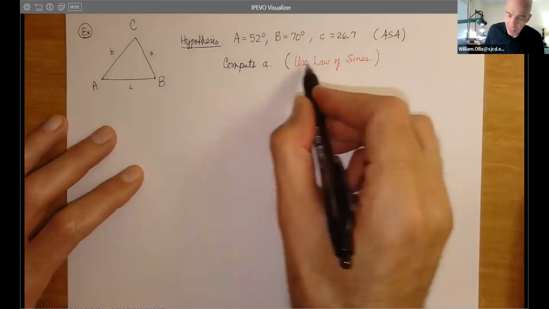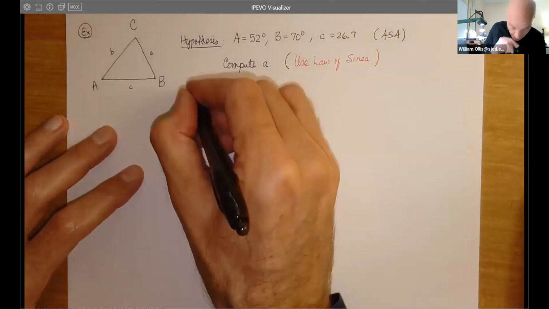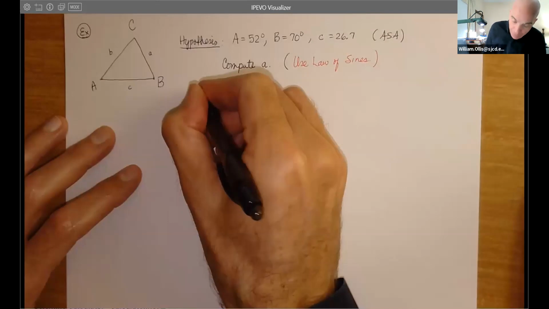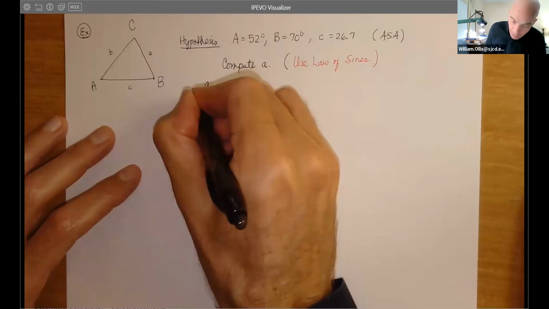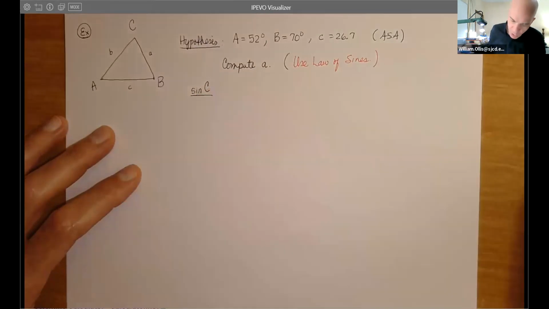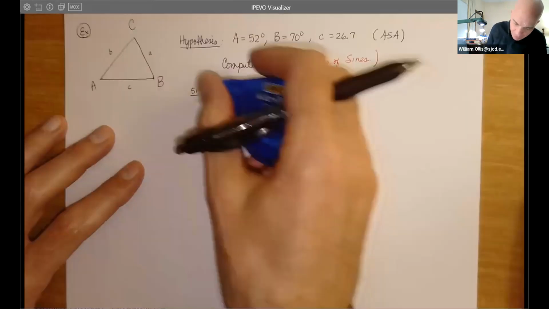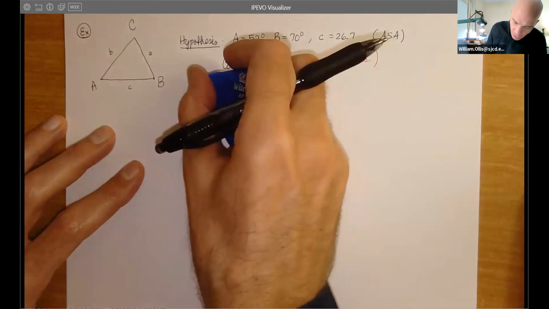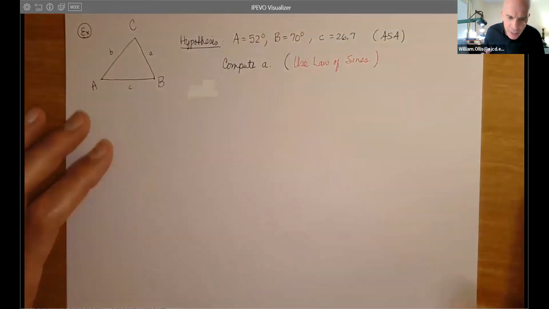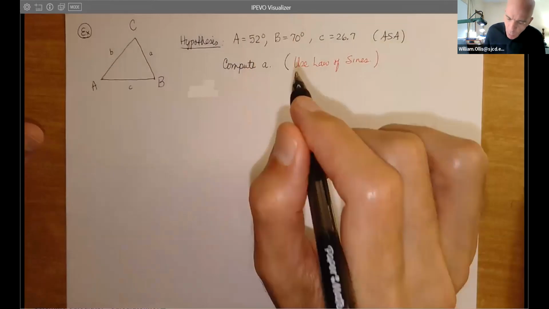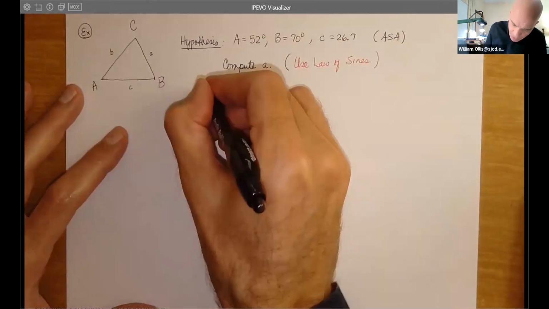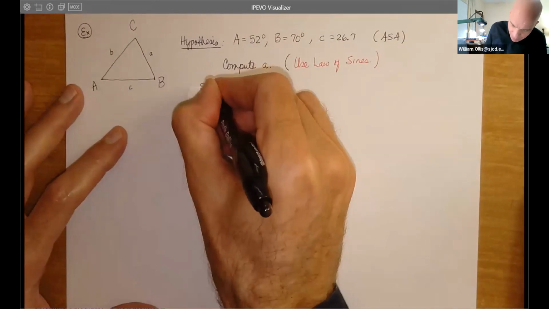So now when we think law of sines, we've got what? We have sine of C divided by c. Well, let's see. Actually, we have to use B. Sorry. Or actually, in this case, we want to solve for C first, and then this will work. Let me just write this out.